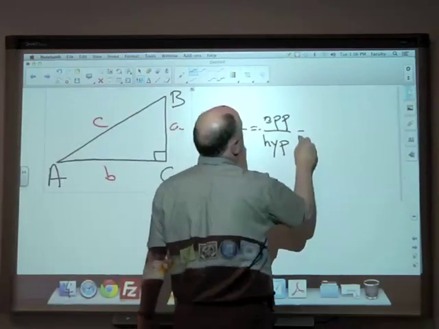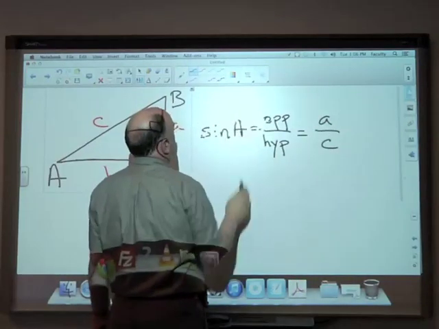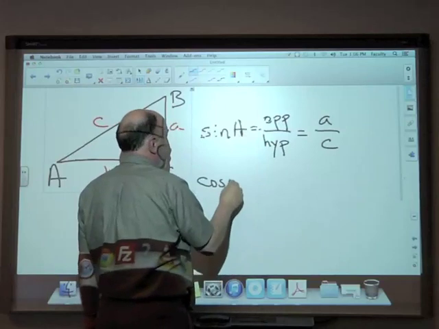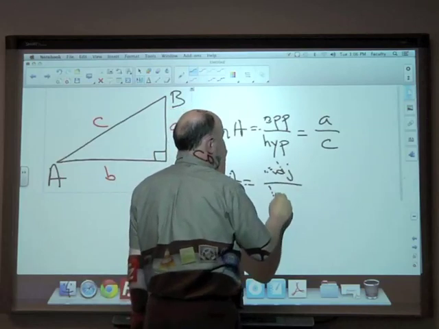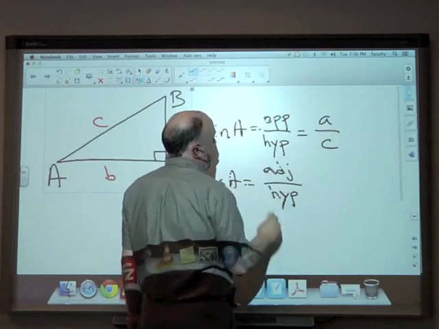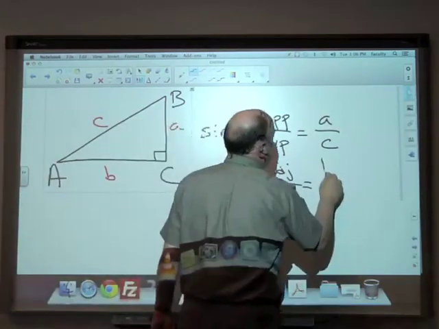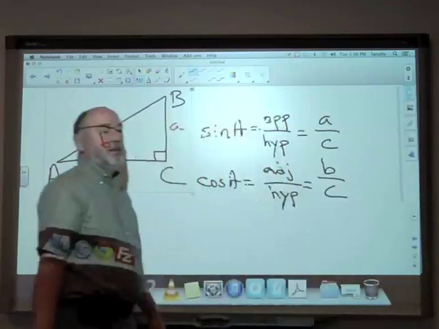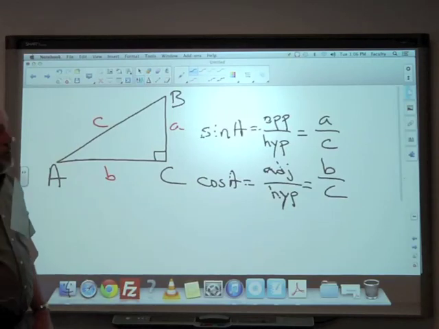So my sine of A is going to be A over C. Cosine is going to be adjacent over hypotenuse. Relative to this angle, this is the adjacent side, so this is going to be B over C.